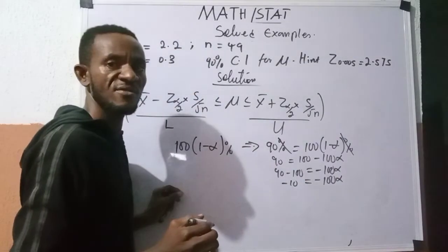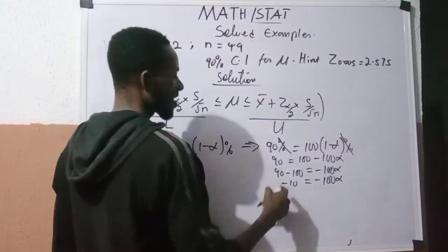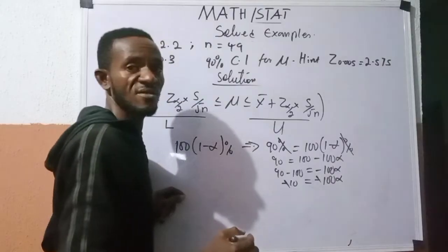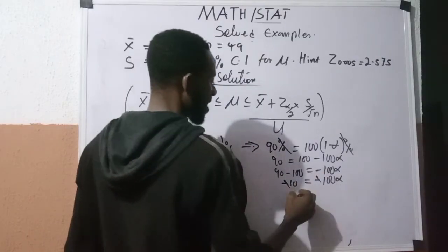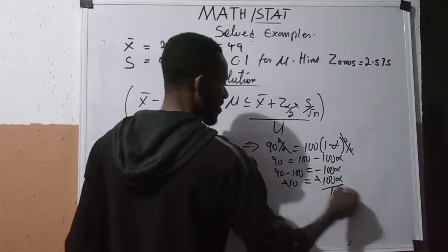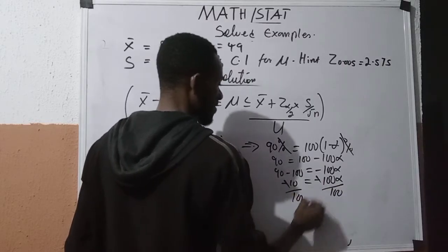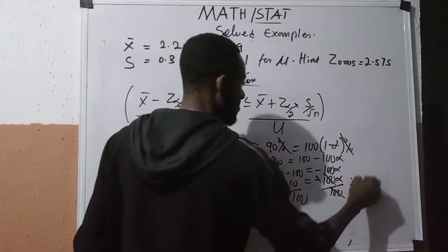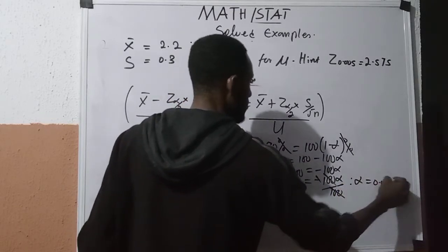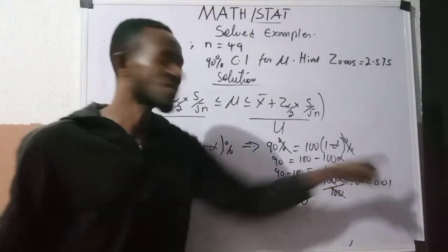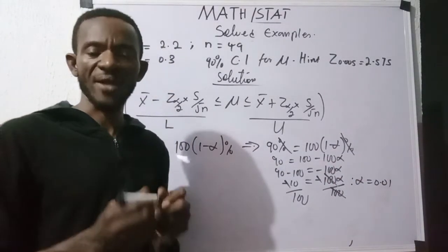Okay? In that case, the minus signs cancel. Then, making alpha the subject of the formula, alpha is 10 over 100. This 100 divided by this will give us 0.01. Therefore, my alpha is equal to 0.01.